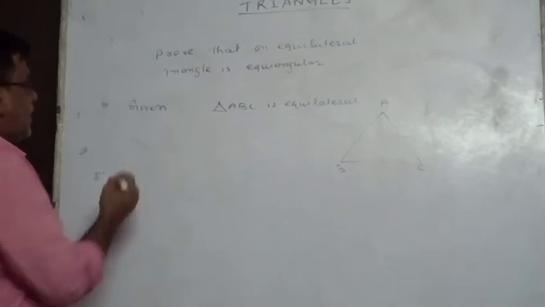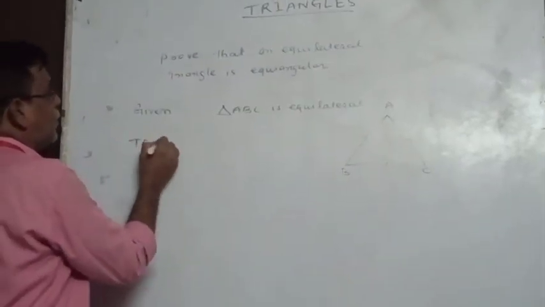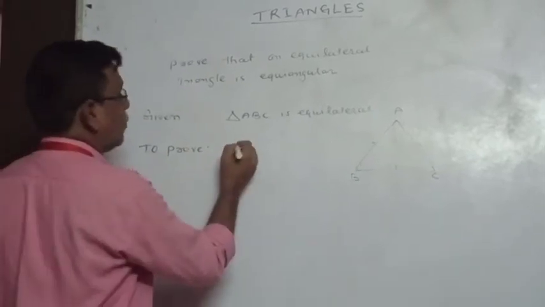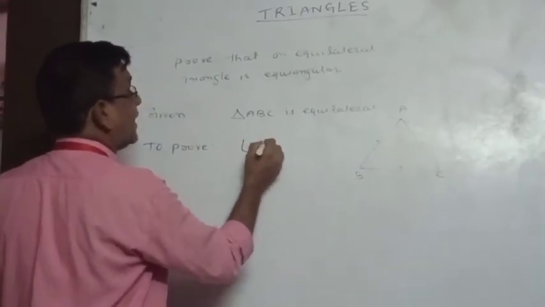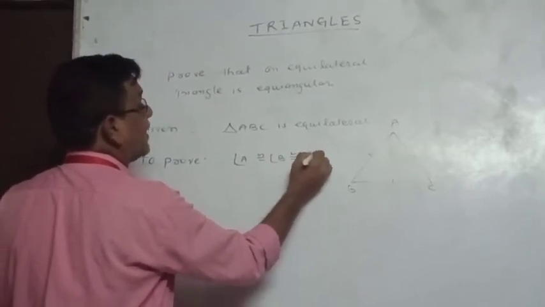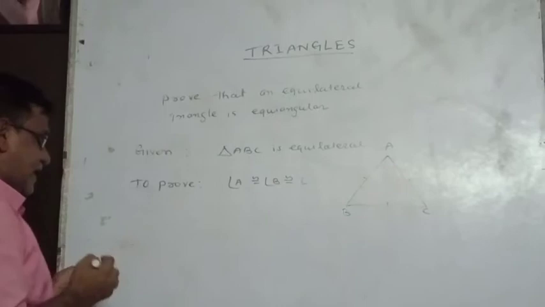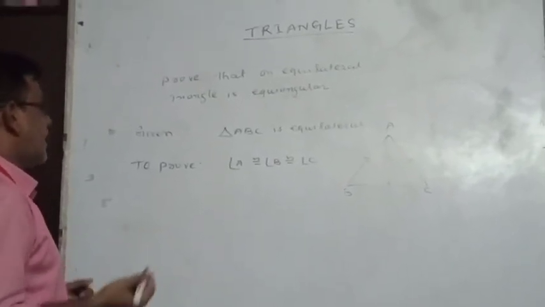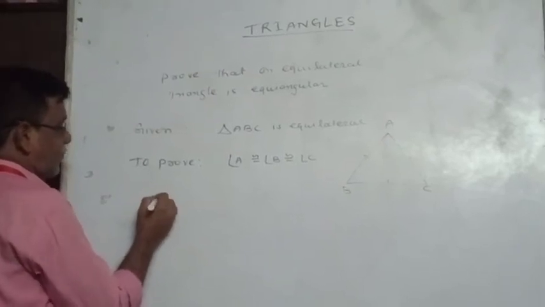Second is to prove. Now what to prove? You have to prove angle A is congruent to angle B is congruent to angle C. It means you have to prove triangle ABC is an equiangular triangle. Now how to prove? Now proof.